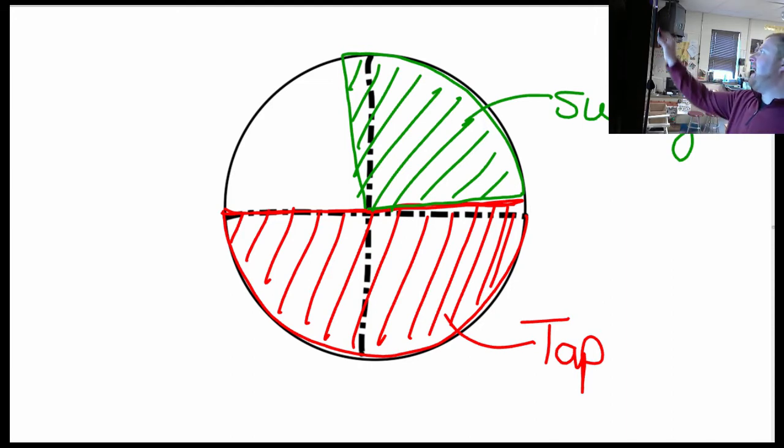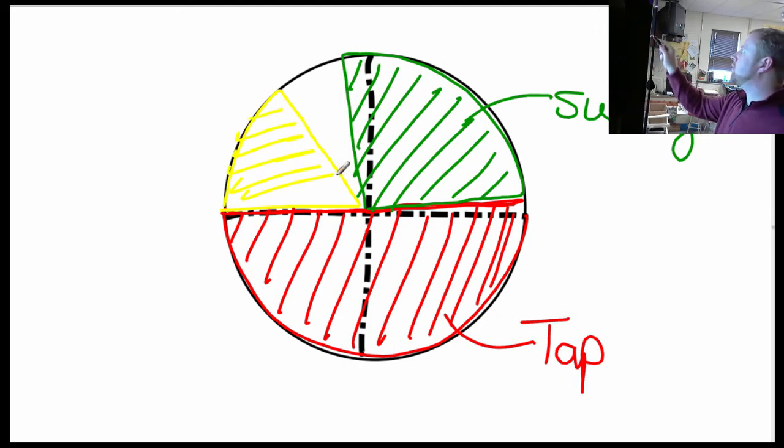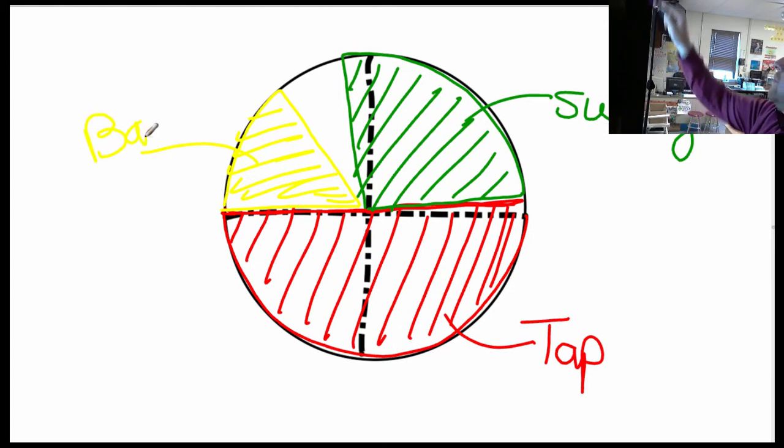Well, 12 and a half is half a sliver. So 17 is probably going to fall a little bit above, so probably right about in here. So this would be ballet. A very bright group of people.